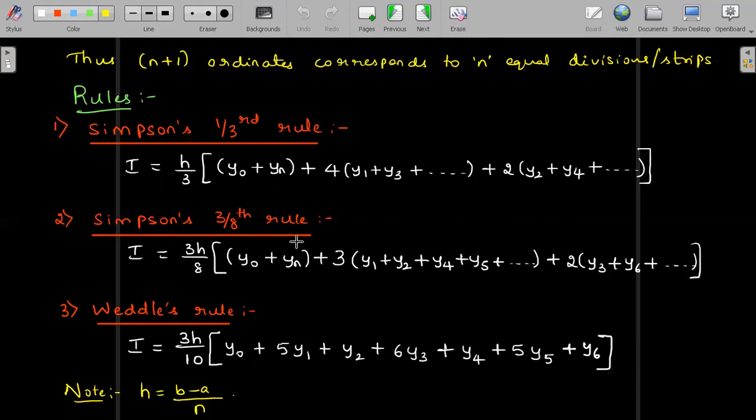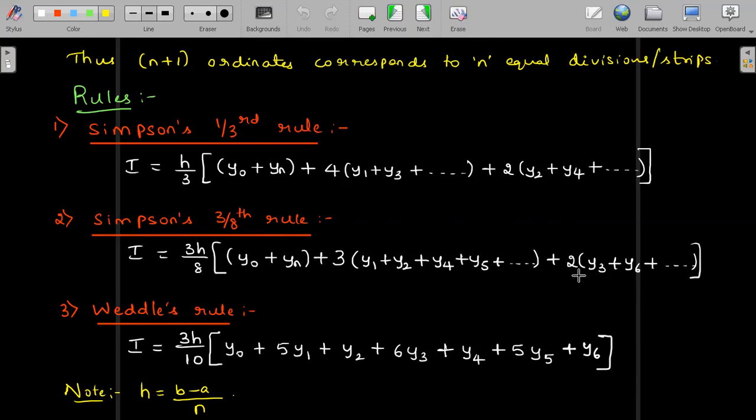Now Simpson's 3/8 rule is given by I is equal to 3h divided by 8 into y0 plus yn plus 3 times y1 plus y2 plus y4 plus y5 etc. plus 2 times y3 plus y6 etc. We can easily memorize this in this manner. First term plus last term added together under ordinates.